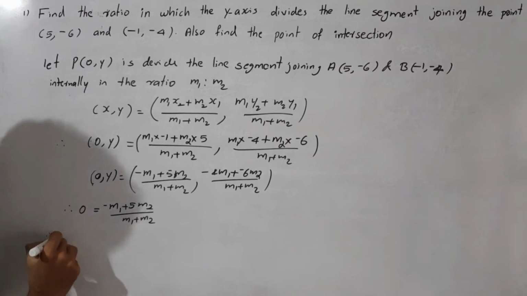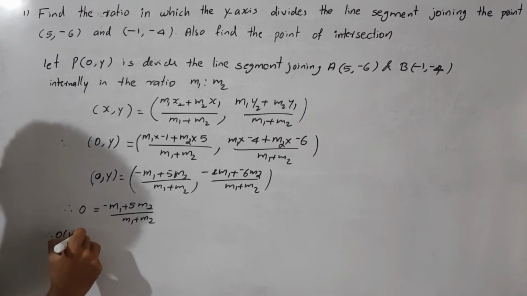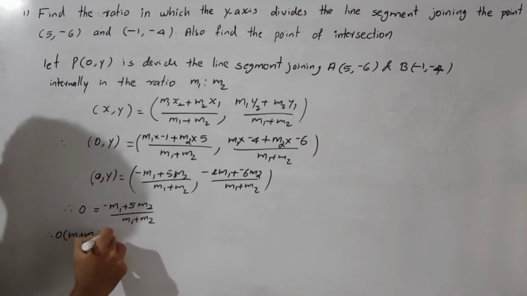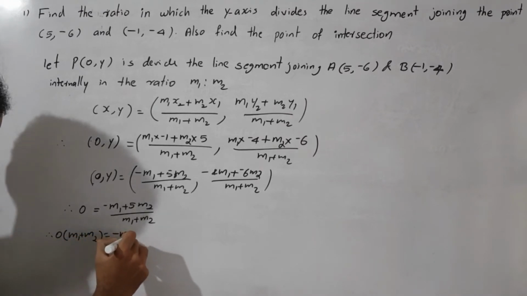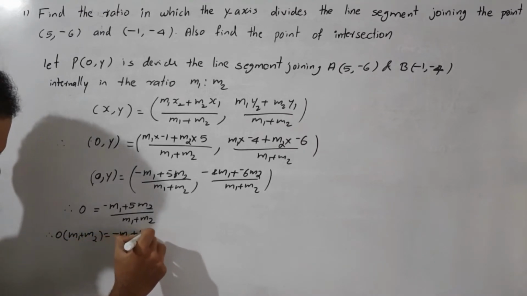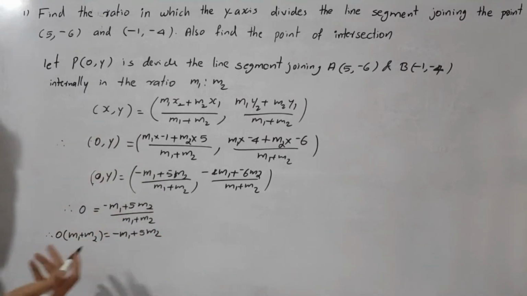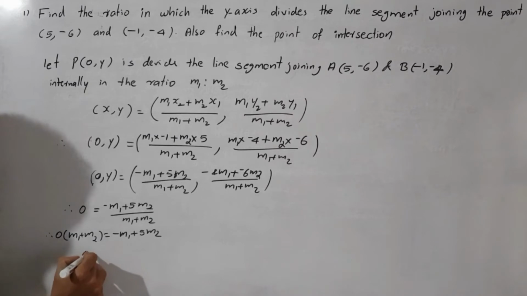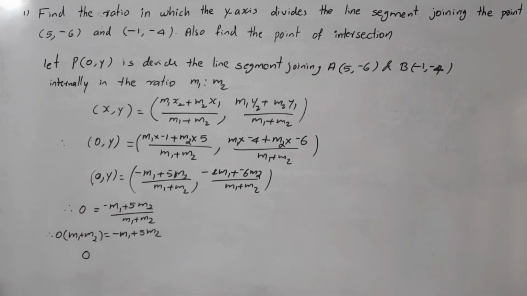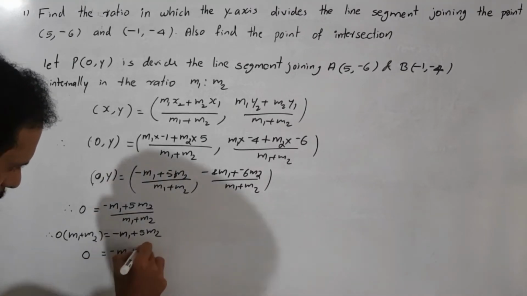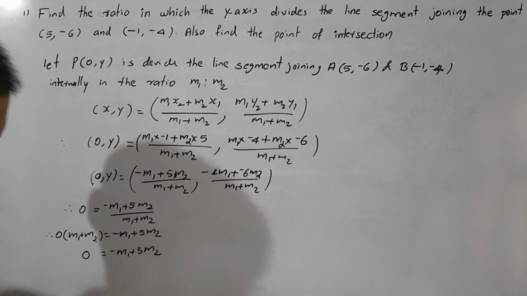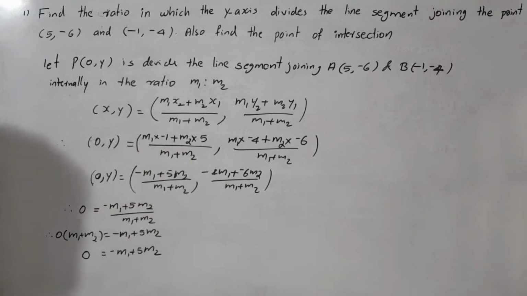Therefore 0 into (m1 plus m2) is equal to minus m1 plus 5m2. Then 0 into (m1 plus m2), what is that? It is 0. 0 is equal to minus m1 plus 5m2, correct?